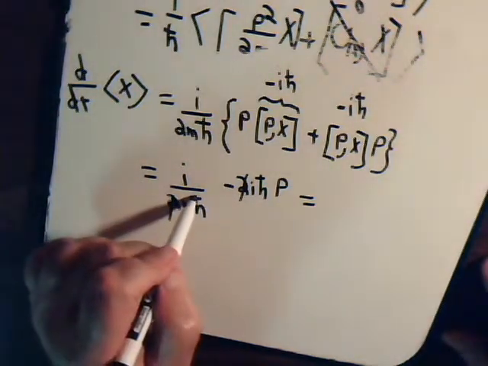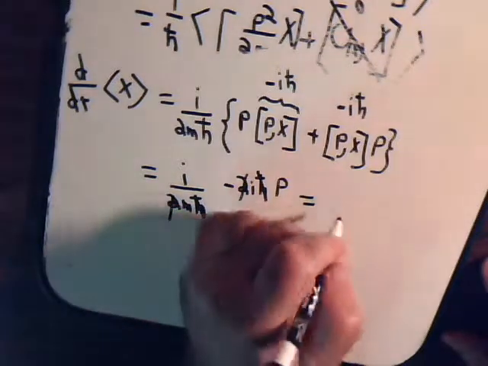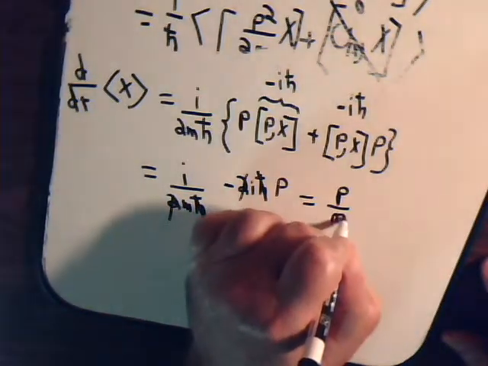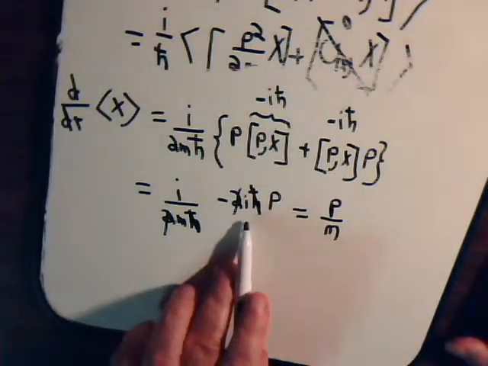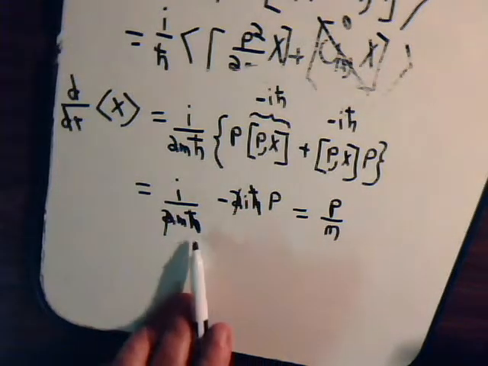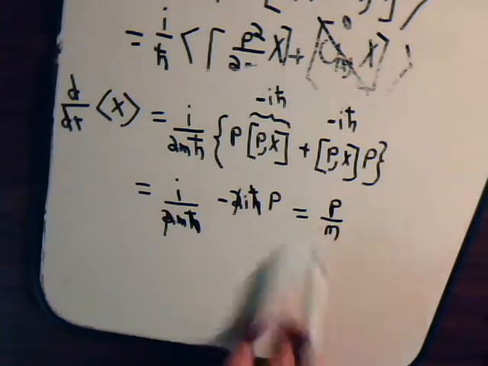And the h bars cancel. So this is equal to p over m. Like this. And again, i squared, that's negative 1, times negative 1, that's positive. These h's cancel, 2's cancel, and we end up with positive p divided by m.